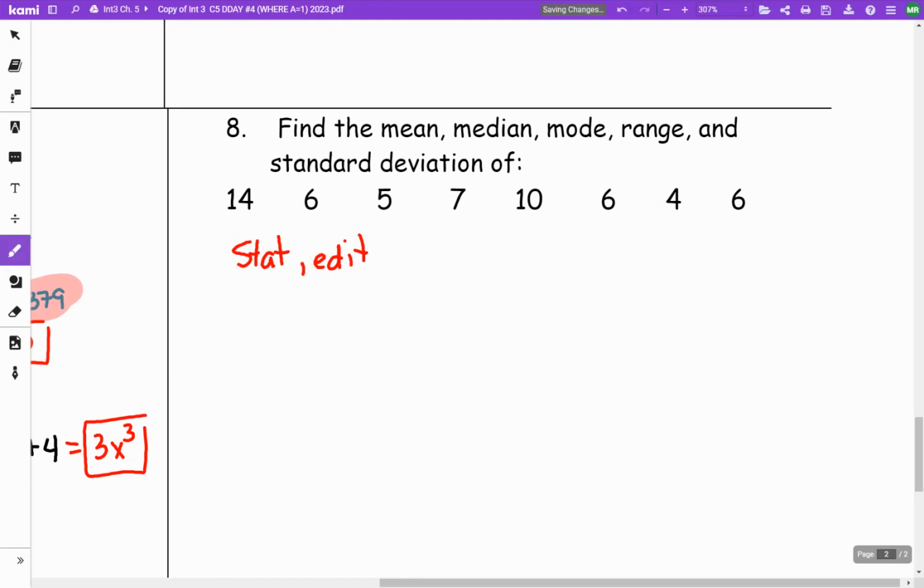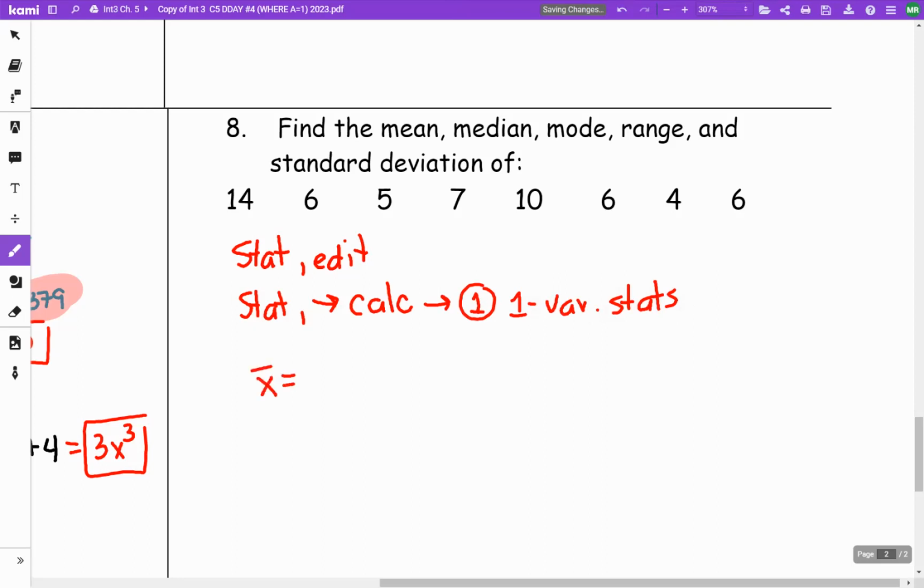Once you get that data into your calculator, you're going to do Stat, okay, and you're going to arrow over from the top. Instead of Edit, you want Calculate. And under Calculate, you're going to want the first choice, which is one variable statistics. And when you press that, it's going to give you most of this information.